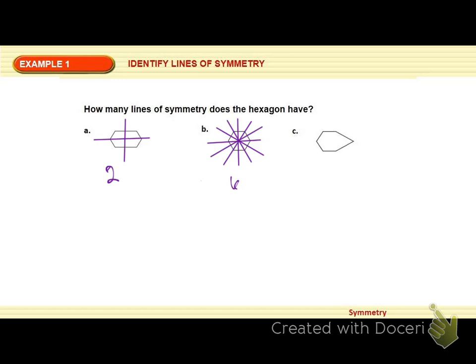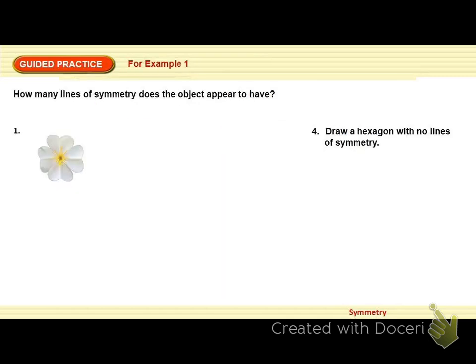And then this last guy, again, just kind of using your imagination, if I draw a line through it this way, I can fold it onto itself. So this is going to have 1 line of symmetry. And so like I said, you have to just sort of use your imagination a little bit. So here's some practice for you. Go through and come up with how many lines of symmetry are in these shapes.